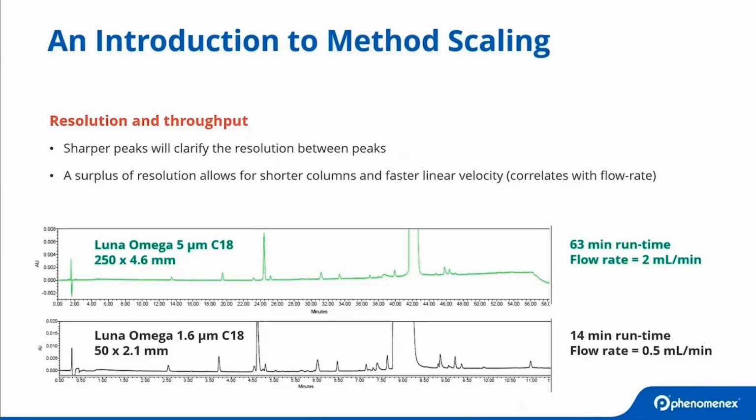So the point here is, once again, a surplus of resolution then allows you the flexibility to shorten your column dimensions so as to achieve shorter runtimes while preserving resolution.